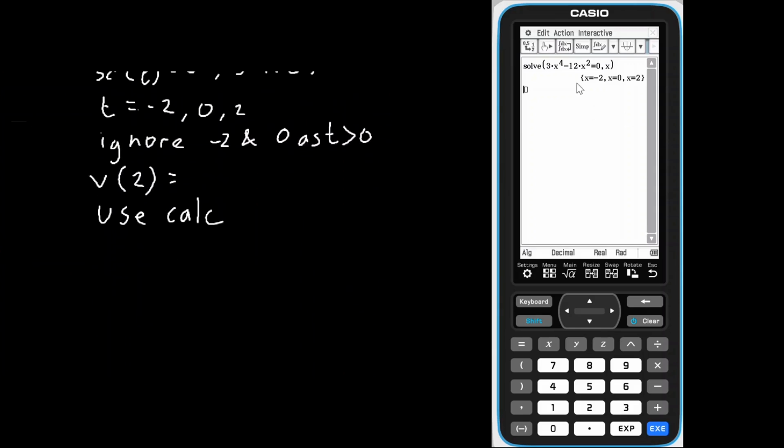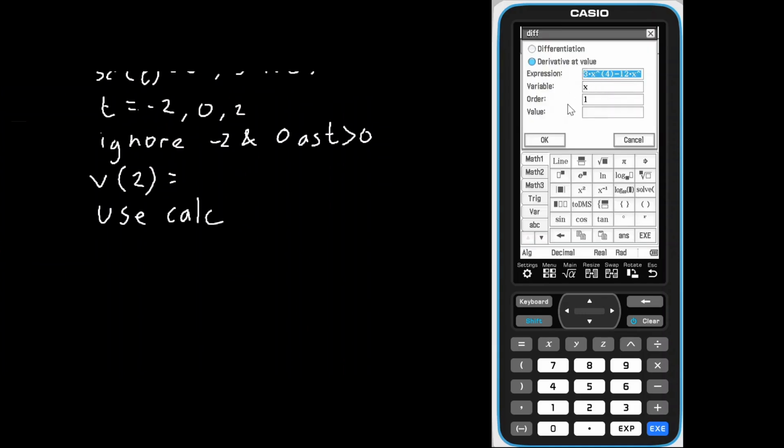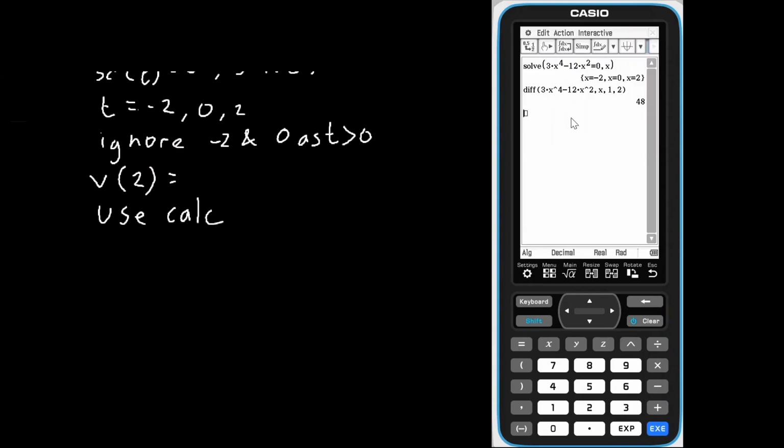So we can jump straight to the answer by grabbing all of this, bringing it down, and going interactive, calculation, diff. We want to differentiate it at a value, and the value that we want to differentiate it at is 2. And so this is equal to 48. If you really want to get fancy, you can write the formula that you used in there.